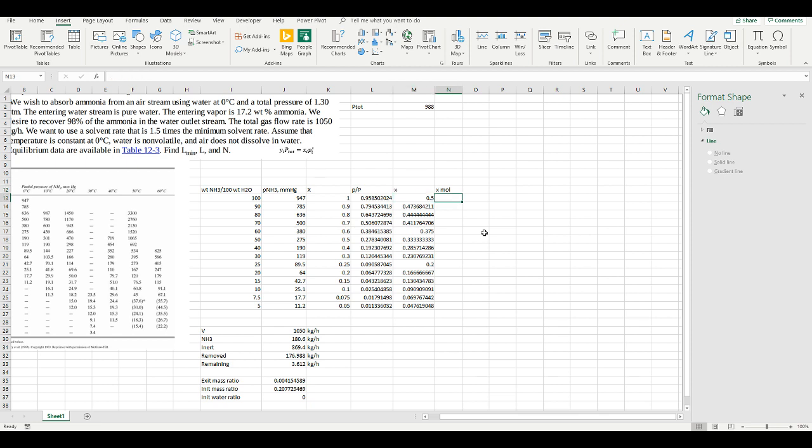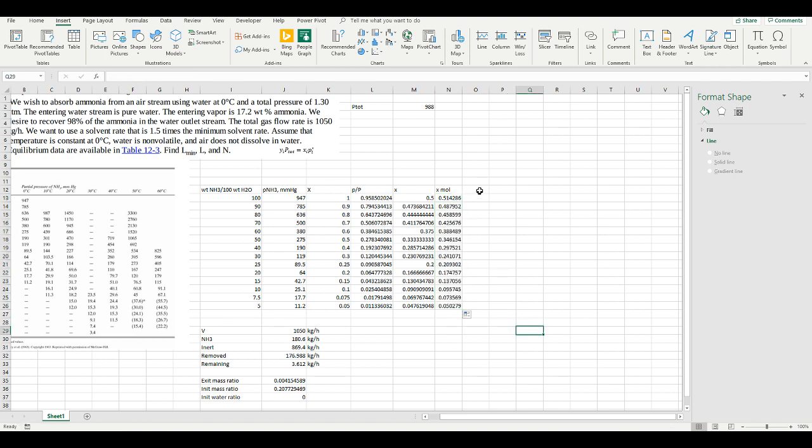This means that we can calculate the mole fraction by taking the mass fraction of ammonia divided by 17, and dividing all this by, once again, the mass fraction of ammonia divided by 17 plus the mass fraction of water, which is 1 minus the mass fraction of ammonia, divided by 18. So we essentially just divide all the mass fractions by their molar masses, and then we get our result.